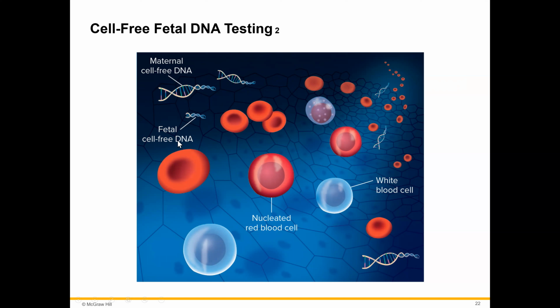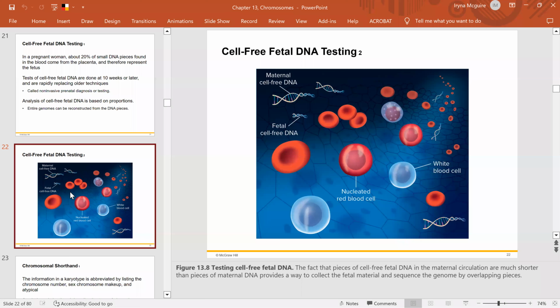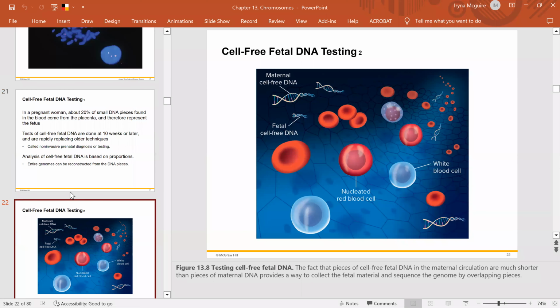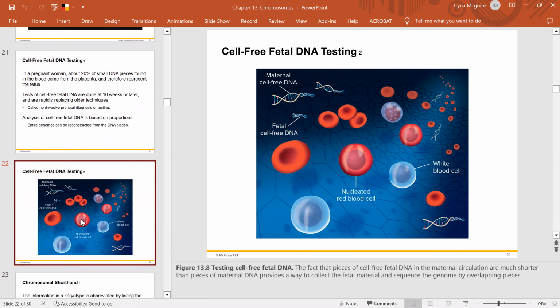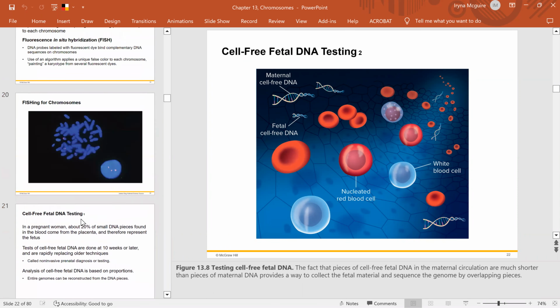And because the fetal cell-free DNA are much smaller fragments, we can differentiate between mom DNA and baby DNA, and we can pretty much reconstruct the whole genome of a baby, right? So that's easy cell-free fetal DNA testing.